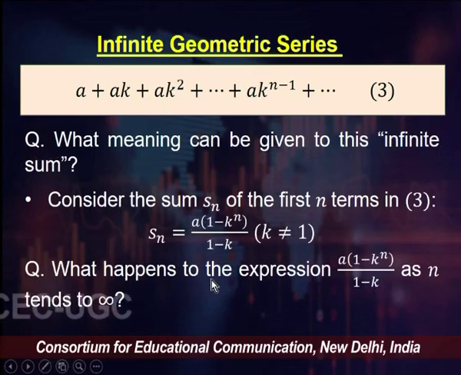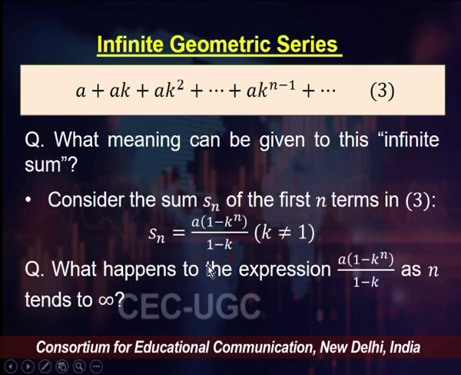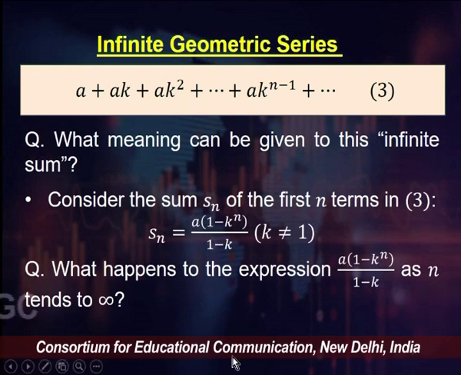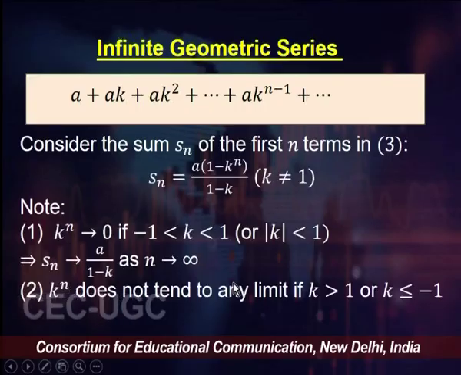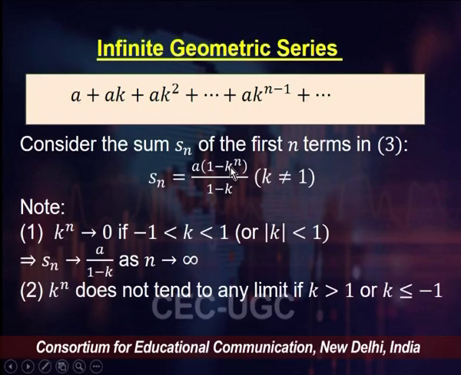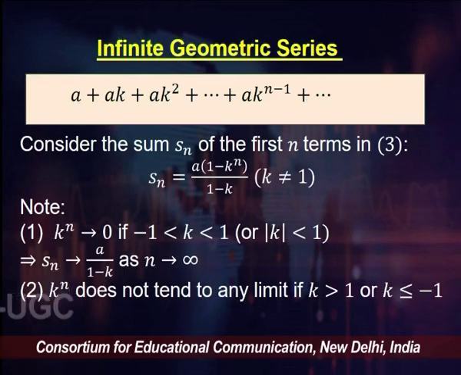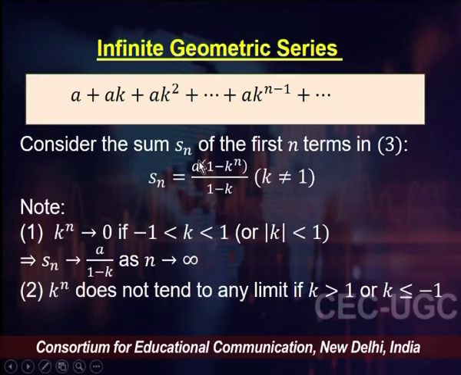So all that we have to ask here is, what happens to this expression for s sub n as n tends to infinity, right? And here things are quite straightforward, because you can clearly see that if the common ratio is between minus 1 and 1, in the sense that if the absolute value of the common ratio is less than 1, then clearly k to the power n would tend to 0, right?